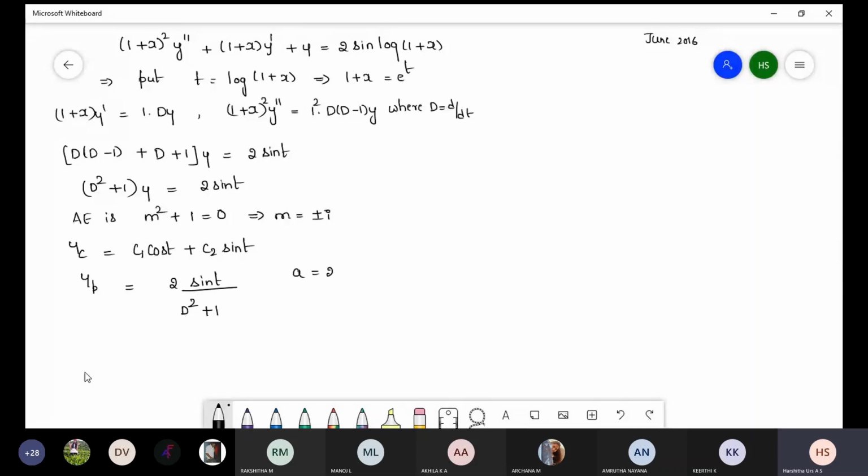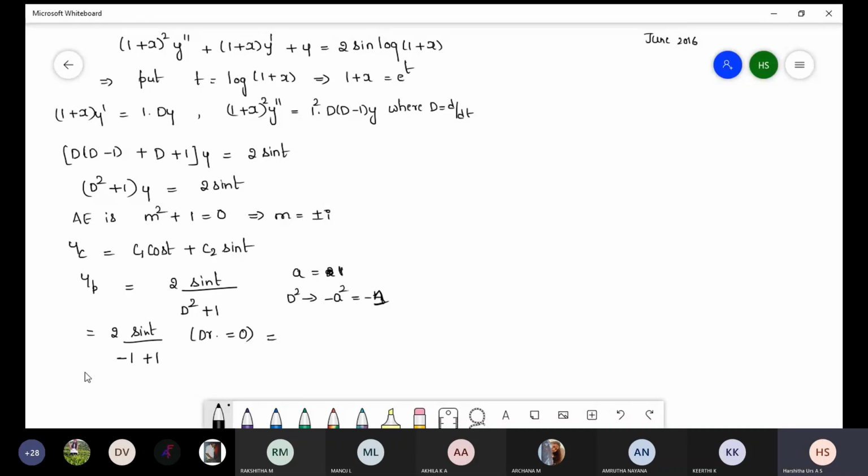Here a is 2, D square is replaced by minus a square, that is equal to minus 4. So again here, 2 into sin t, a is 1. Here minus a square should be replaced by minus 1. So minus 1 plus 1, again the denominator here will become 0.